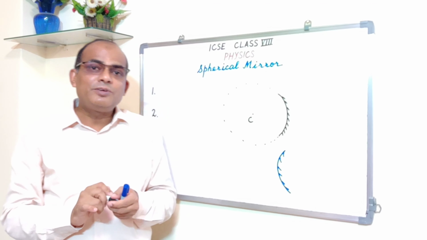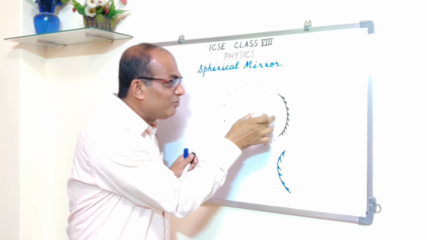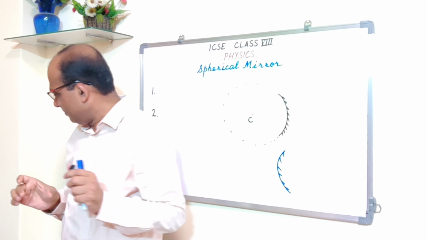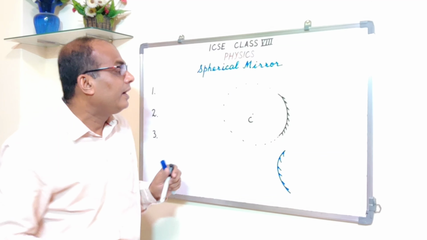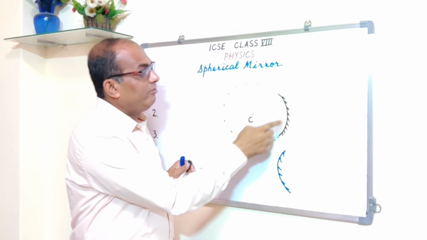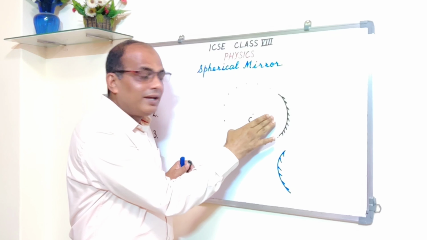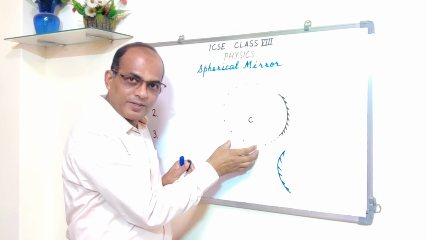Now the next term is the radius of curvature. So the radius of this sphere is called the radius of curvature. The reflecting surface of a spherical mirror is a part of a sphere.